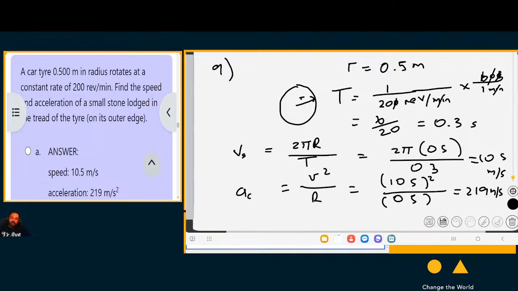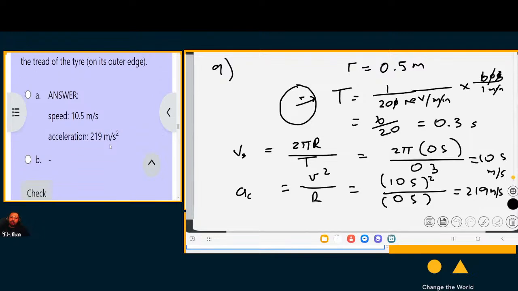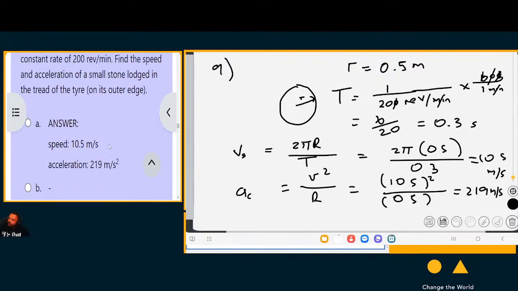219 meters per second squared. That's the acceleration of a stone lodged in this tire. Have you noticed that these accelerations are quite high?